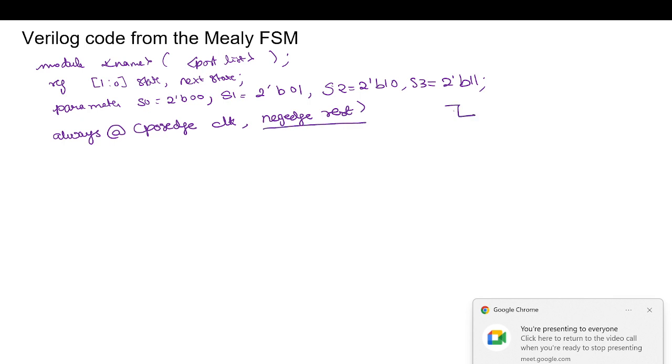That means this edge, active low. And then if reset equal to 0, active low, my state will be S0, the initial state. Else my state will be equal to next state.